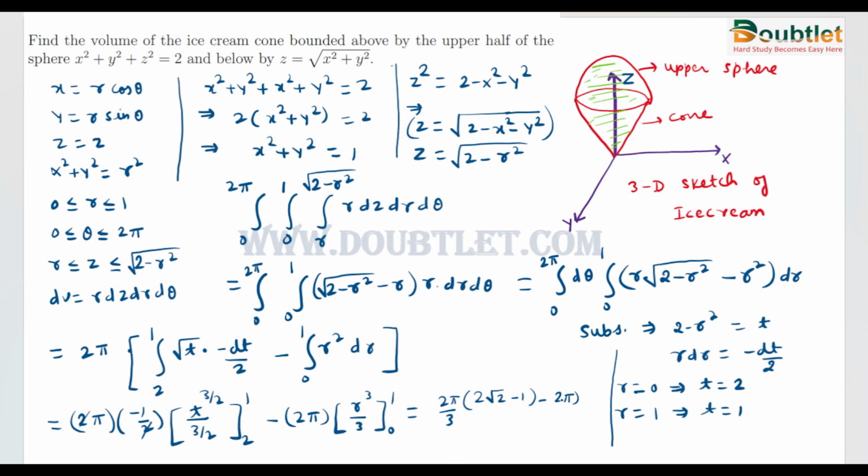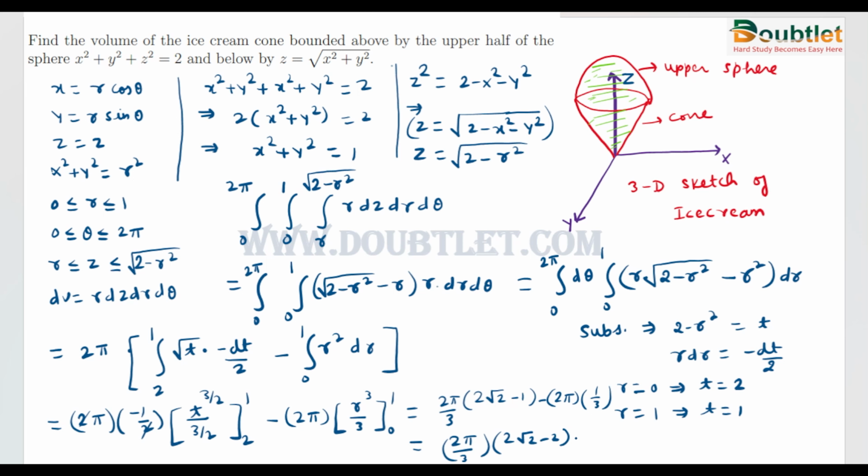So it will become basically 2 pi multiplied by 1 by 3. So 2 pi by 3 will be taken out common. So it will become 2 root 2 minus 1 minus 1. So it will become 2 root 2 minus 2, and we can take out 2 again common.